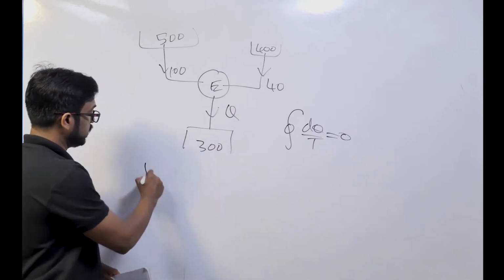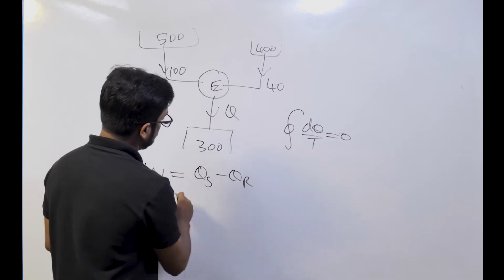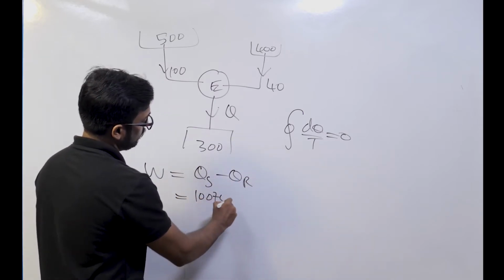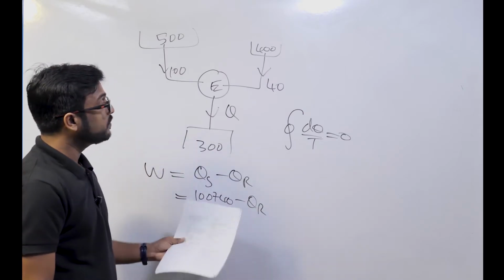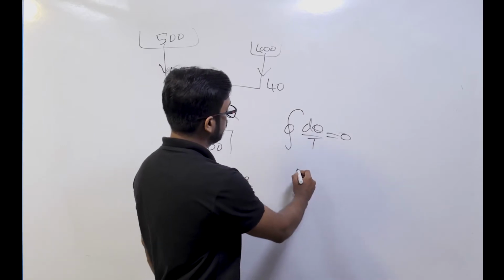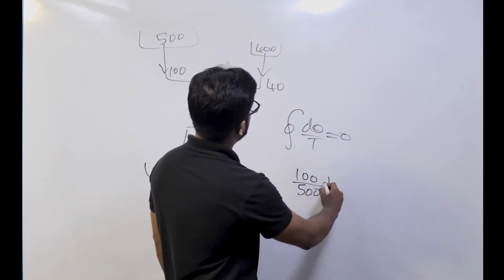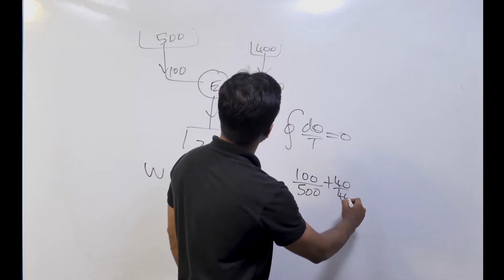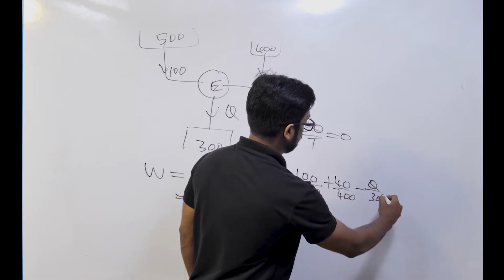Work output is nothing but heat supplied minus heat rejected. Here heat supplied is nothing but 100 plus 40 minus heat rejected. If I know the heat rejected, I will be able to find the answer. How can I find heat rejected? Pretty straightforward. We will apply this equation. So we will be getting 100 by 500 plus 40 by 400 minus Q by 300.